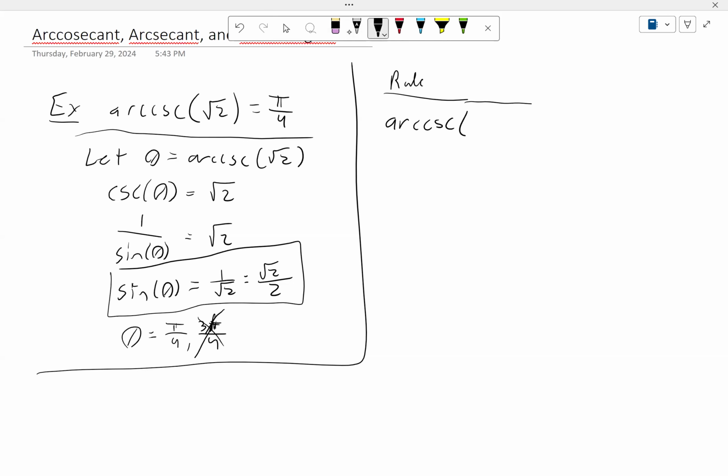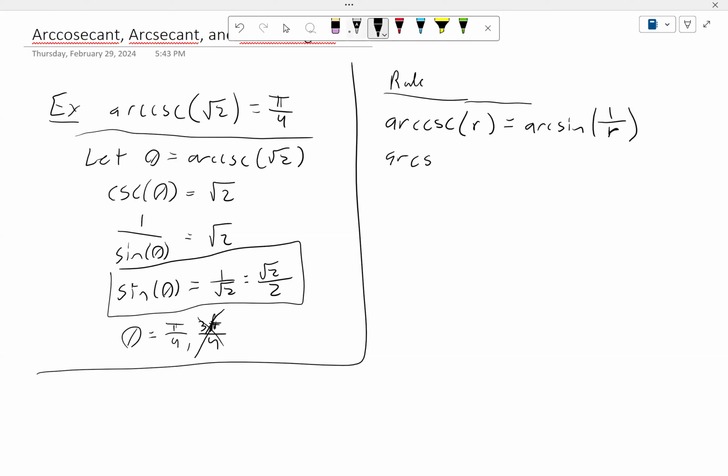Arccosecant of a real number r is equal to arcsine of 1 divided by r. So for instance, computing arccosecant of square root of 2 is the same thing as computing arcsine of 1 over the square root of 2, which is the same thing as arcsine of square root of 2 over 2. And that's how we got pi over 4.